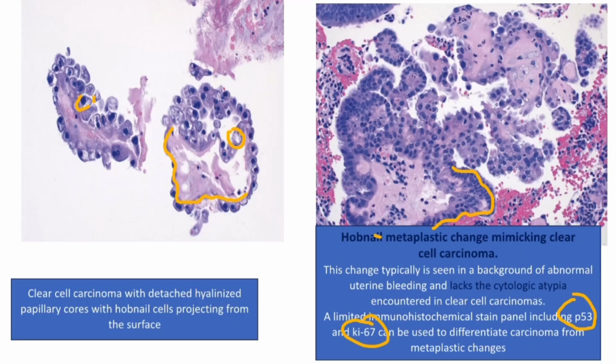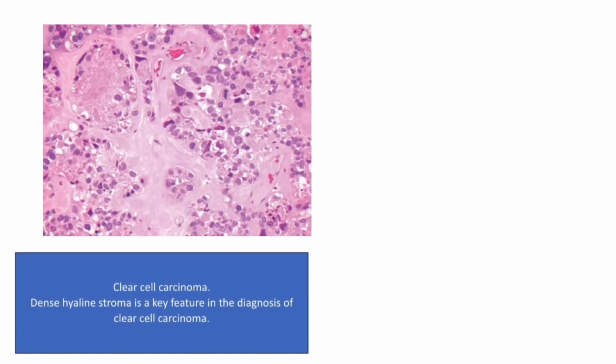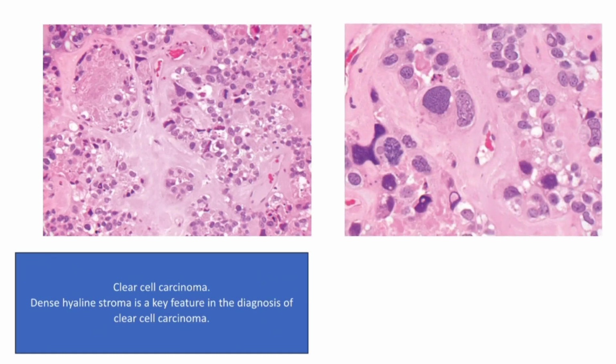So this is important. Now here again this is a section showing clear cell carcinoma features, and this is the hyaline stromal area. This is the characteristic feature, clear cells with high grade nuclear features.